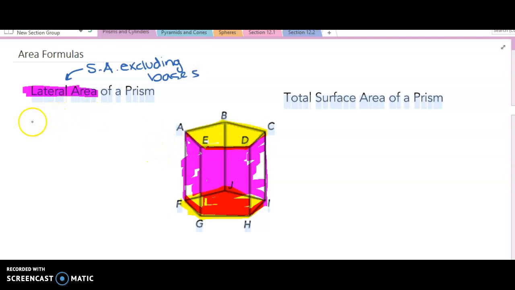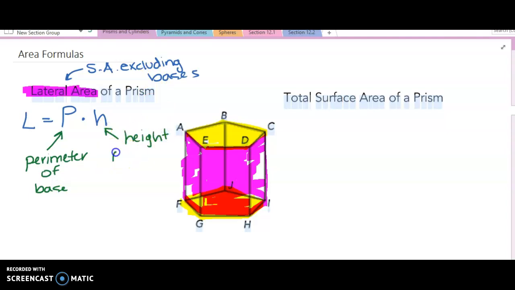Okay, and we could always find the lateral area is always going to equal P times H. Okay, so lateral area is always the perimeter of the base times the height, and the height is the height between the two bases. Okay, and we'll do some examples here in a little bit. Remember, that's just the lateral area.